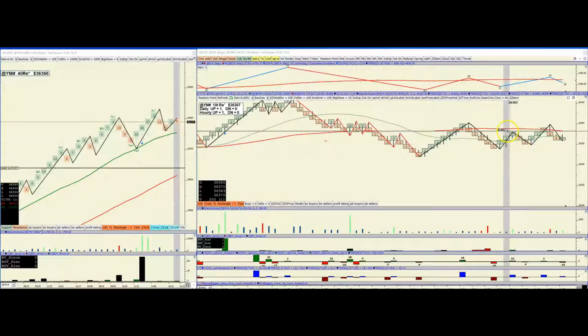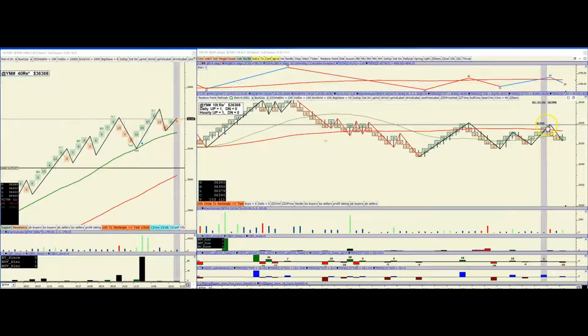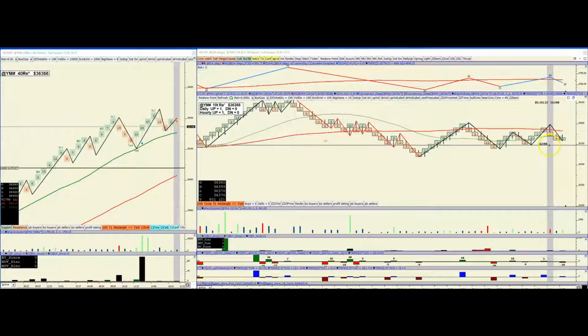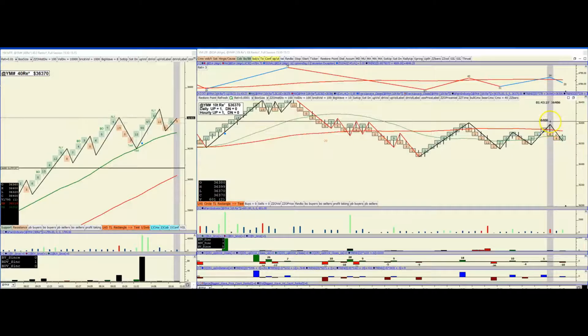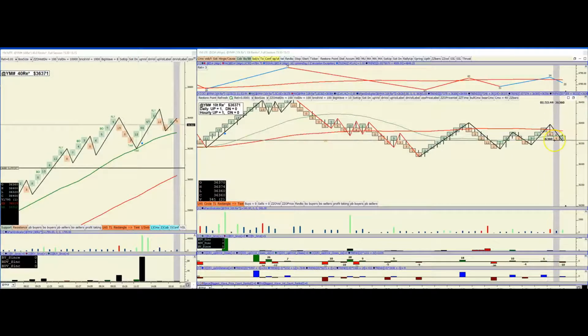Why? Because against this high, price tried to break, but instead it got rejected. See that? Against this high, it's trying to break out, but the break only has 100 contracts. And right after it, you have a bar or break that has 600 contracts on the downside, which is having follow through.